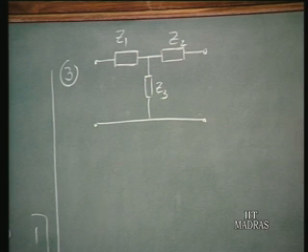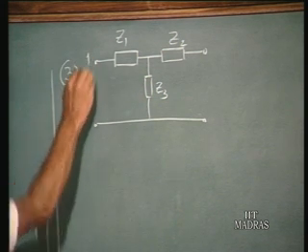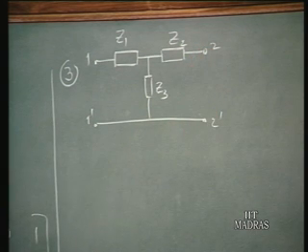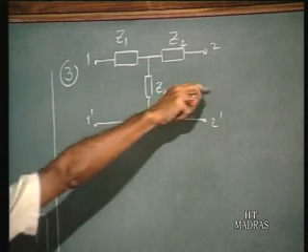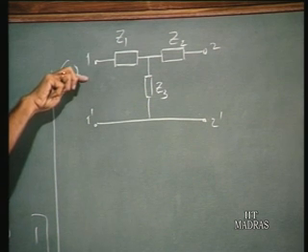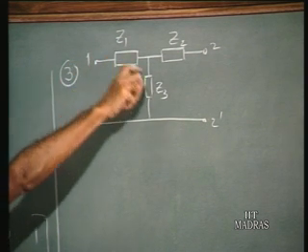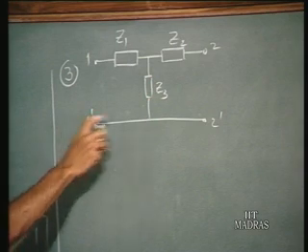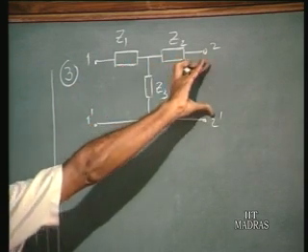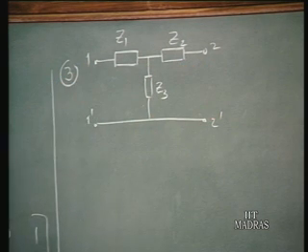And if Z1, Z2, Z3 are functions of S, this particular configuration enables us to determine the Z matrix of this two-port network very conveniently. Z11 is the impedance seen at port 1 keeping port 2 open. So if you drive a current I1 through this one port terminals, that current passes through these two impedances because port 2 is open, and it develops a voltage Z3 times I1 across port 2, and across port 1 it develops Z1 plus Z3 times I1.